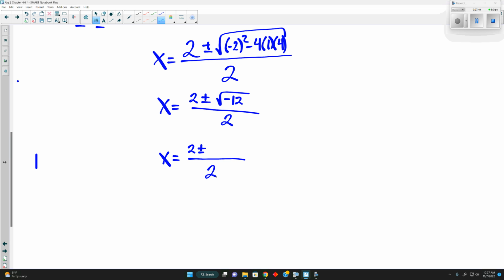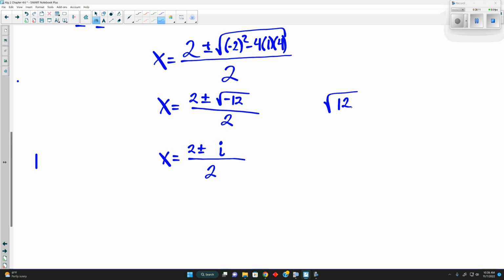Now, if we'd plugged the square root of that into the graphing calculator, it would have given us a decimal or thrown out an error, depending on if it's in a plus bi mode or not. But now that we know it's the square root of negative 12, the negative is going to come out as i. Now we can use the calculator to take the square root of 12.